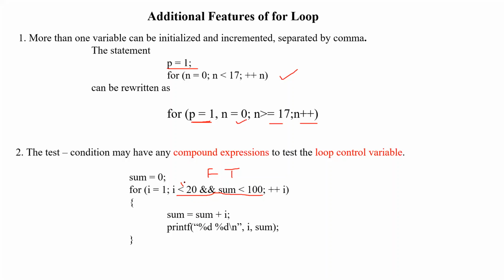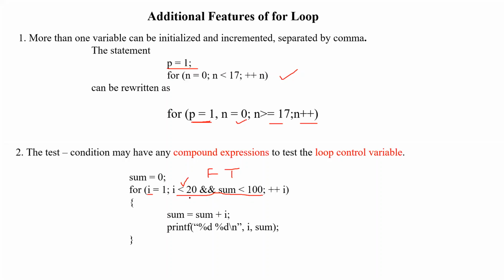right? So here we have one condition, I should be less than 20 and sum should be less than 100, right? Here the control variable is I itself, but I am testing with the combination of two things, that is I should be less than 20 as well as sum should be less than 100.